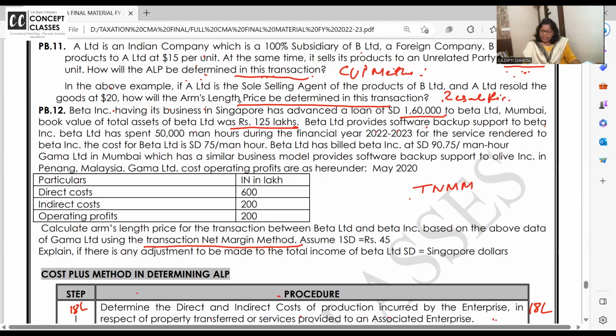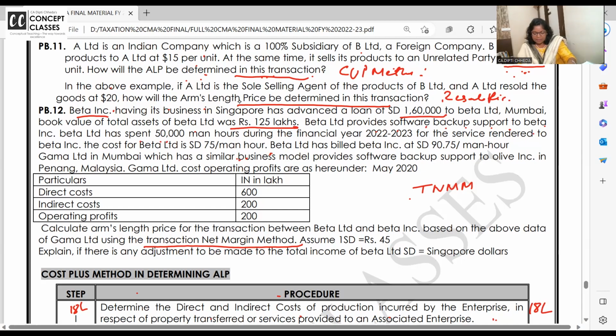Beta Limited provides software backup support to Beta Incorporation, जो फॉरेन की कंपनी है. Beta Limited has spent 50,000 man hours during the year for services rendered. And the cost for Beta Limited is 75 per man hour.